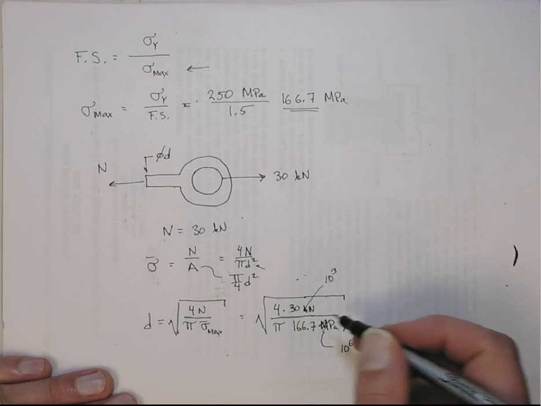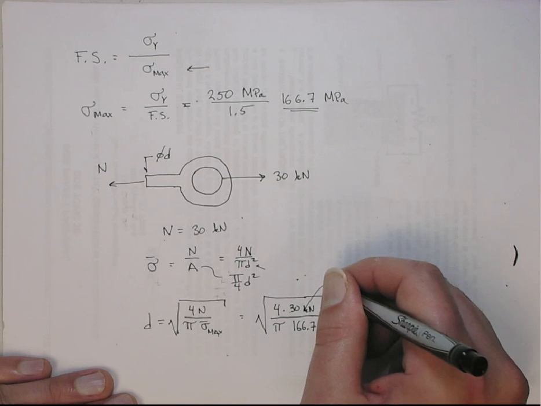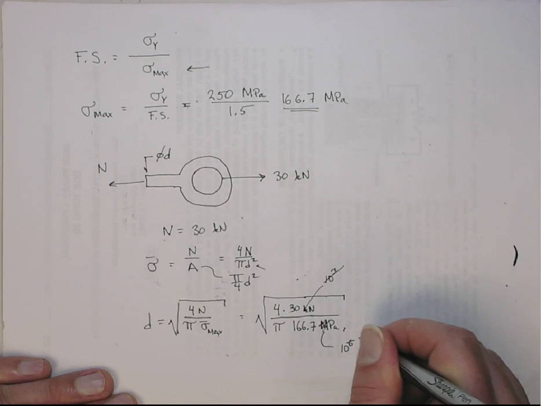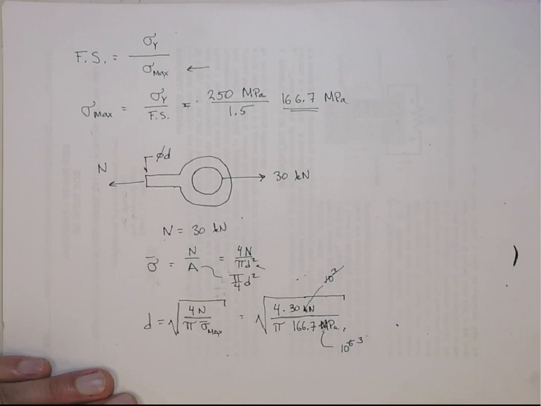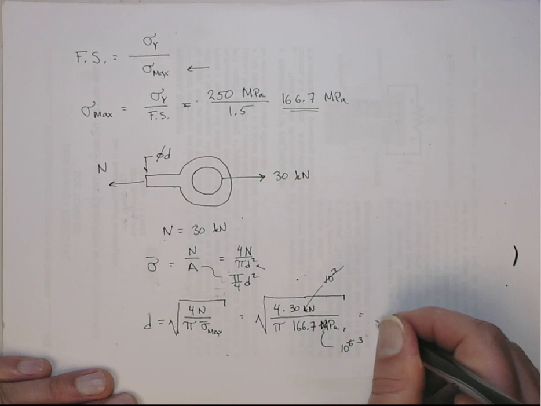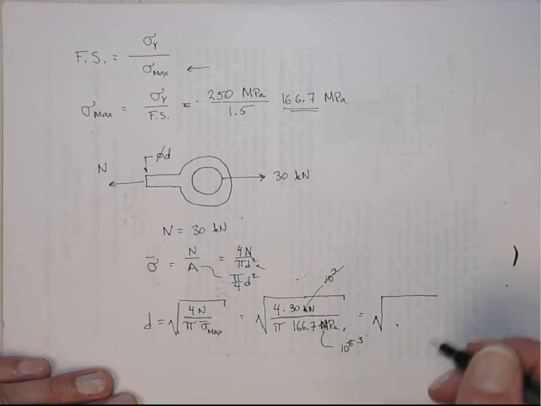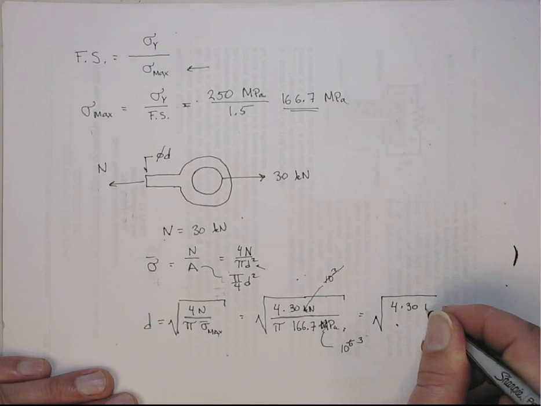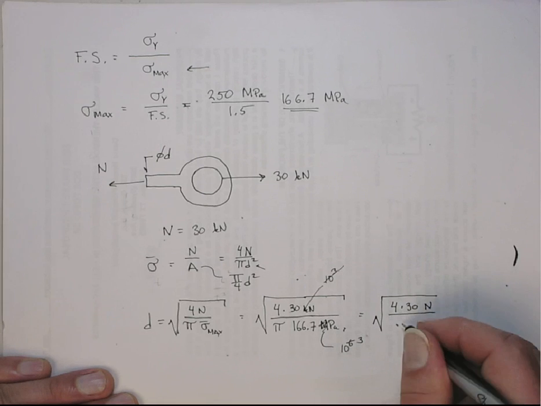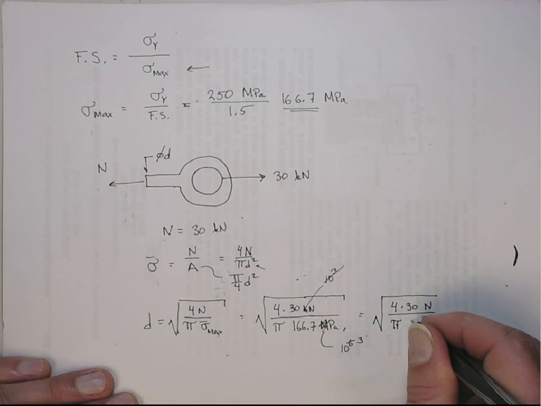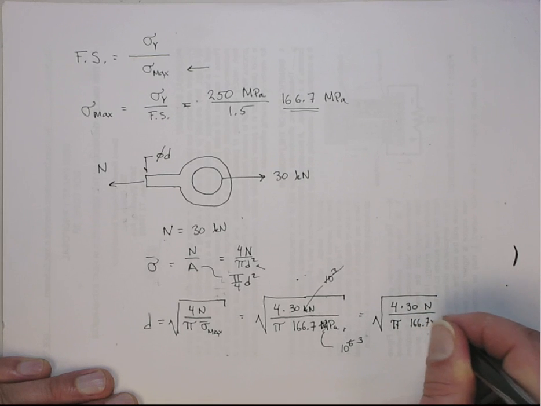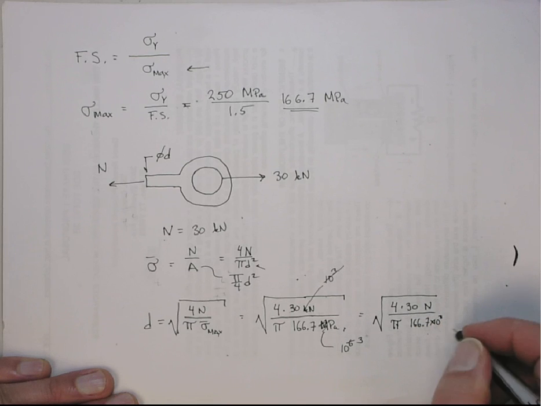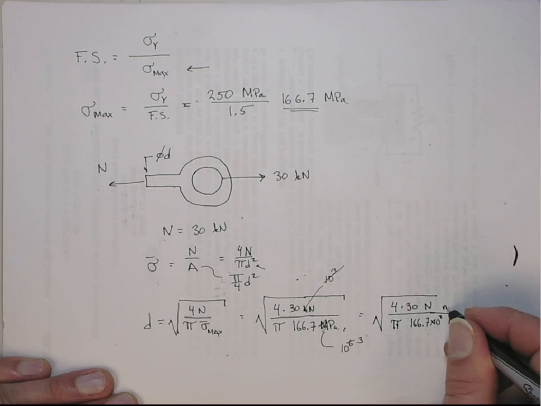And now this cancels with this, making that a 10 to the minus third. So now I've got the square root of 4 times 30 newtons over pi times 166.7 times 10 to the third, and that's pascals, which is newtons per meter squared.